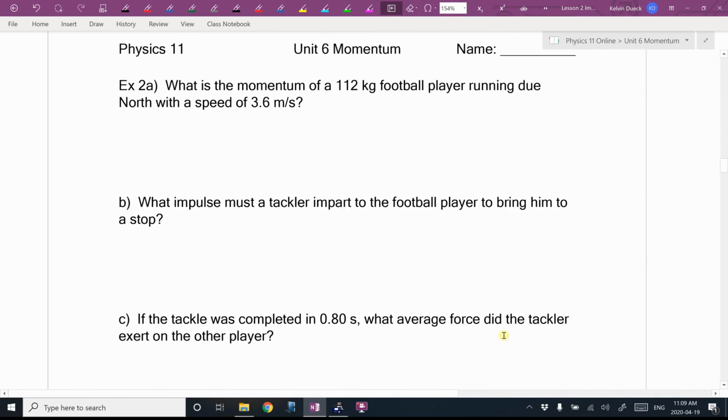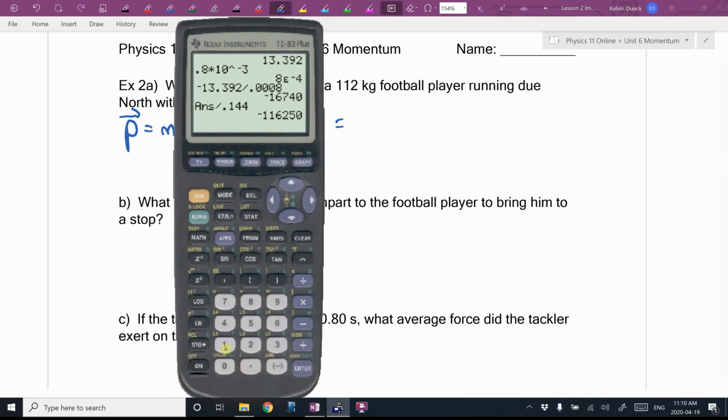Example 2a. What's the momentum of a 112 kilogram football player running due north with a speed of 3.6 meters per second? This is not asking for the change in momentum, the impulse. This is just asking for the momentum. So momentum is equal to mass times velocity. It's going to be equal to 112 times 3.6.